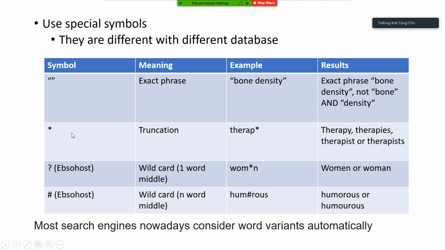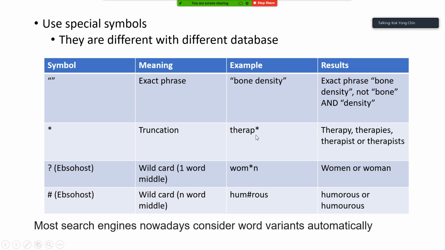Truncation, a star, usually a star. If you want to widen your search, let's say you are not sure whether the keyword is therapy, therapies, with S, no S, or therapeutics. You are not sure about the ending of the words, you put a star, so that the search engine will generate therapy, therapies and so on.